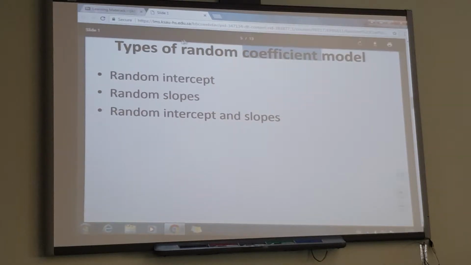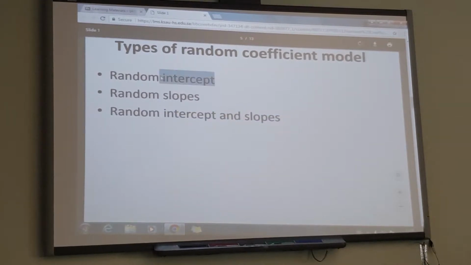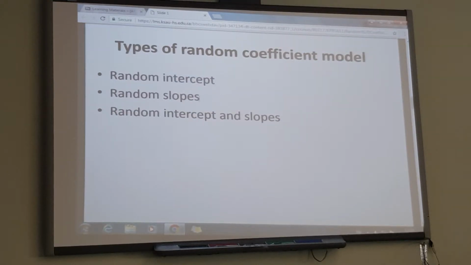So for the last one, this is more flexible. You give a different intercept and a different slope for every patient. For the first one, you're giving a different intercept for the patients, but the same or common slope. For this one, you're giving a different slope, but common intercept.